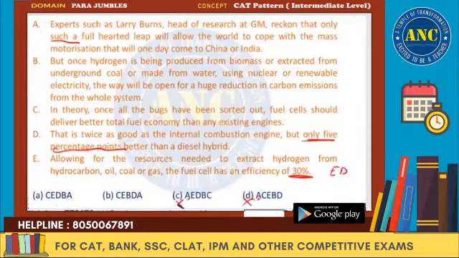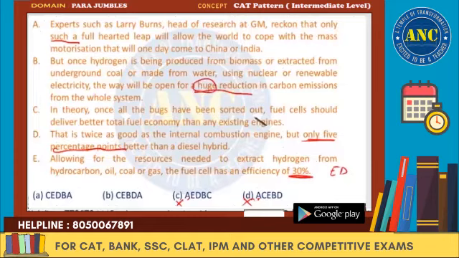That means the only other way out is you start the passage with C. In theory, once all the bugs have been sorted out, fuel cells should deliver better total fuel economy than any existing engines. Let's look at B. But once hydrogen is being produced from biomass or extracted from underground coal or made from water using nuclear or renewable electricity, the way will be open for a huge reduction.